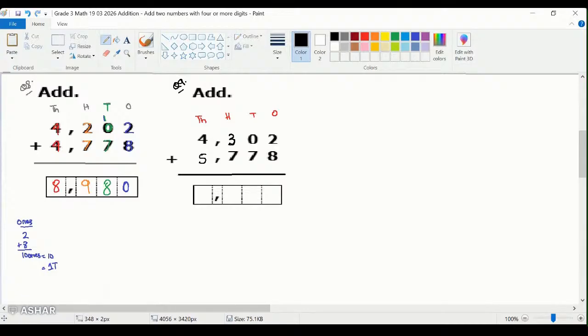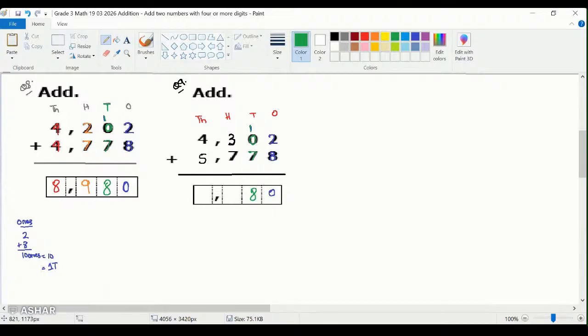How many ones do we have? We have 2 plus 8 is 10 ones. 1 plus 0 is 1 plus 7 is 8.